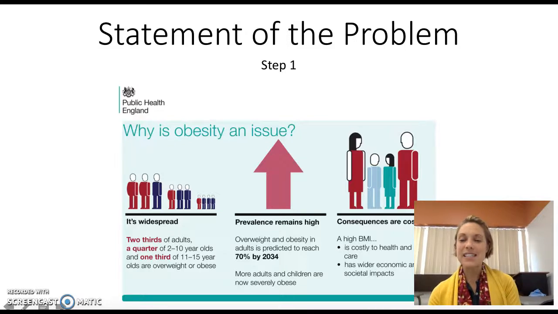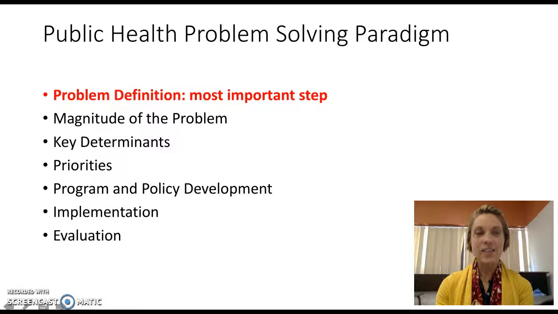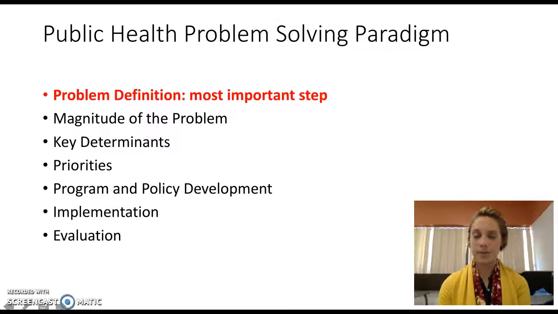So with our Step 1 statement of the problem, we're going to be going through a number of different steps and tactics to do this seemingly simple task. When we look at the public health problem-solving paradigm, we have a few different steps. First, we need to define the problem. This is the statement of the problem that we'll be talking about today.